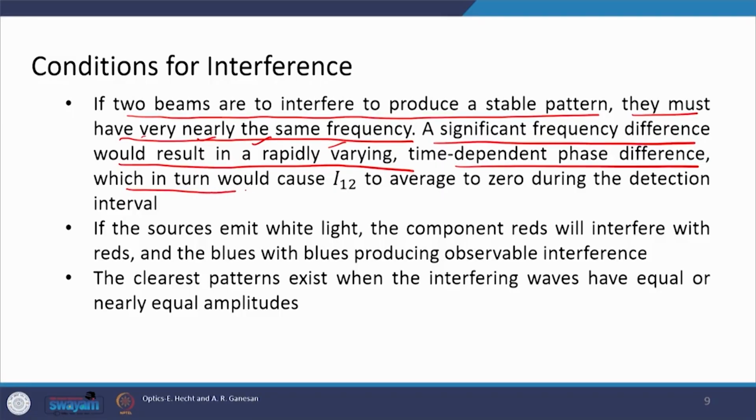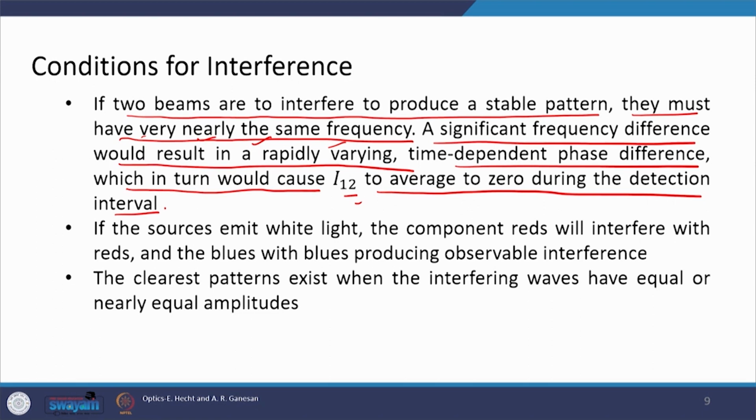We would not be able to detect distinct fringes. This is what is written here, which in turn would cause I12 to average to 0 during the detection interval.